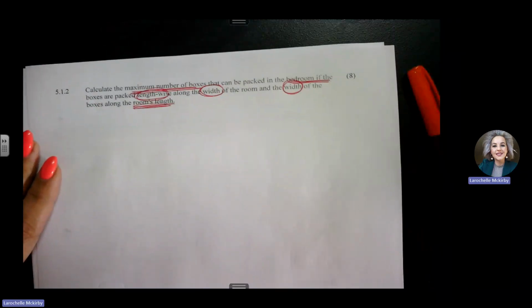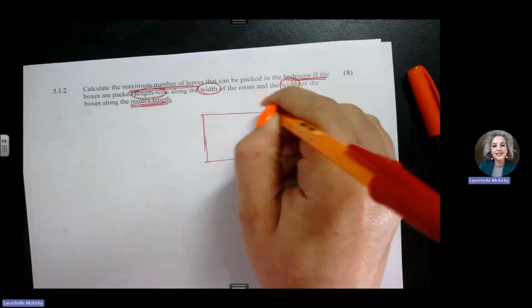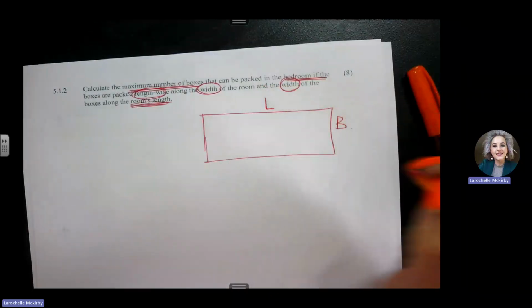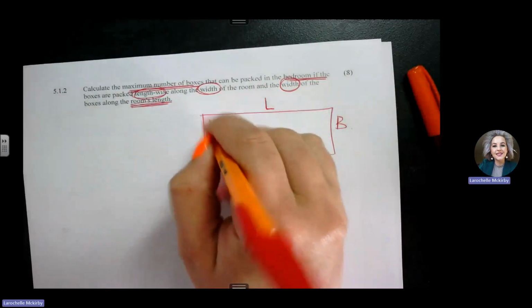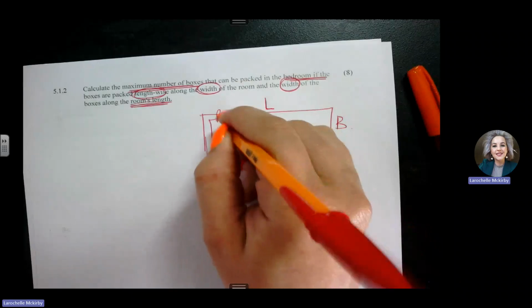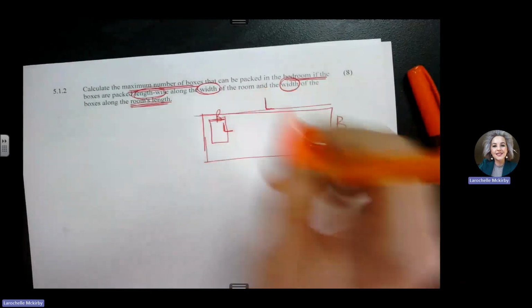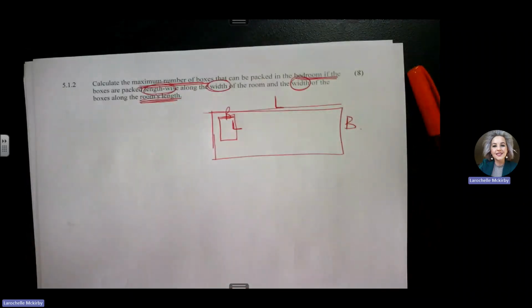Okay, so this is quite complicated. It's not as nice as we have practiced before, where it is length and breadth. But rather, looking at the room, the length of the room and the width of the room, we are packing the boxes like this. The width of the box and the length of the room. So for the length of the room, the width is going to be to that side.